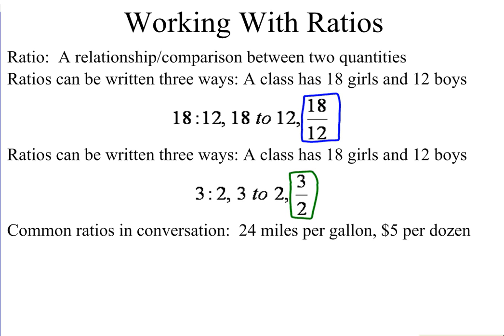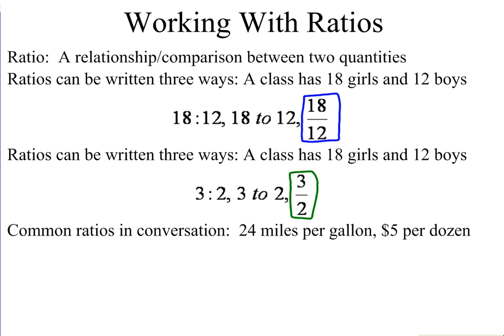Common ratios that we use in everyday conversation. Ratios, like I said, come up a lot on the ACT. They're also used a lot in everyday things that we talk about. We just don't usually think about it as being a ratio. Your car gets 24 miles per gallon. That is a ratio. It's a ratio of 24 miles per 1 gallon of gas.